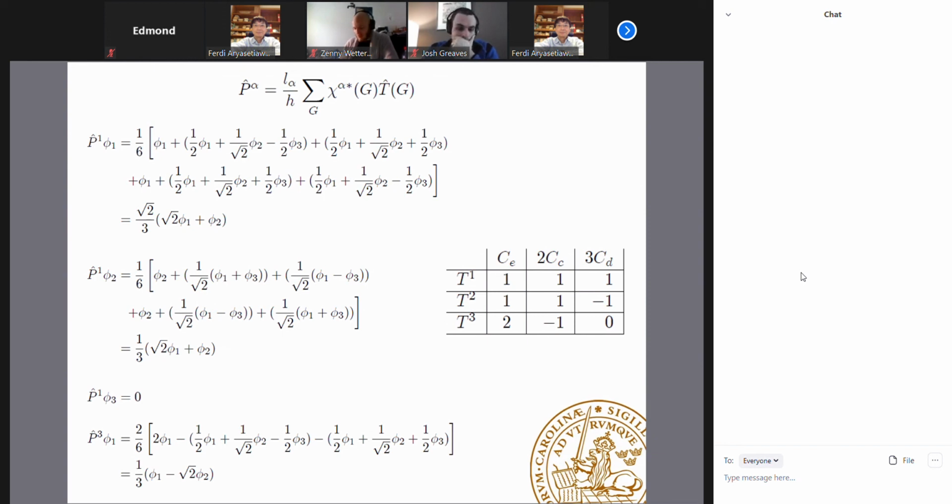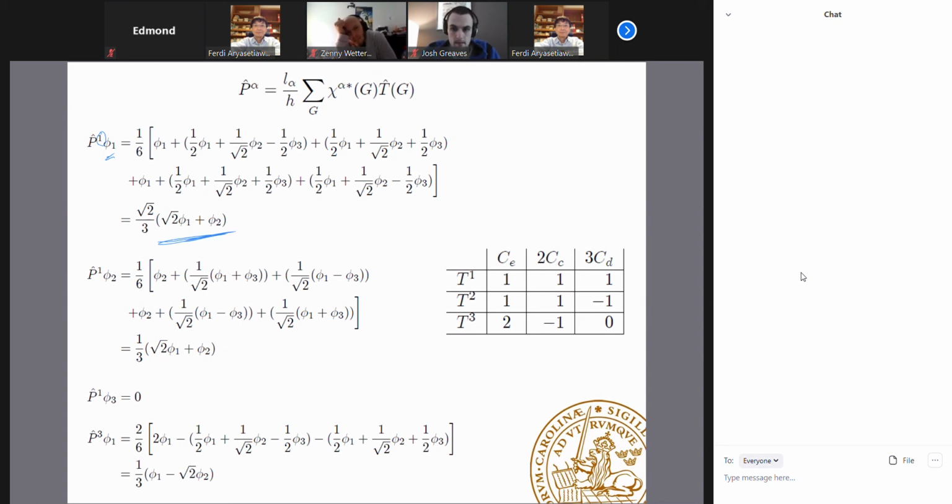So now we apply the projection operator on these functions. I will not go through the algebra because it's quite straightforward, but I just discuss the results here. If I take the irreducible representation 1, for example, and I apply this projection operator on the function phi 1, then it turns out that we get this result here.